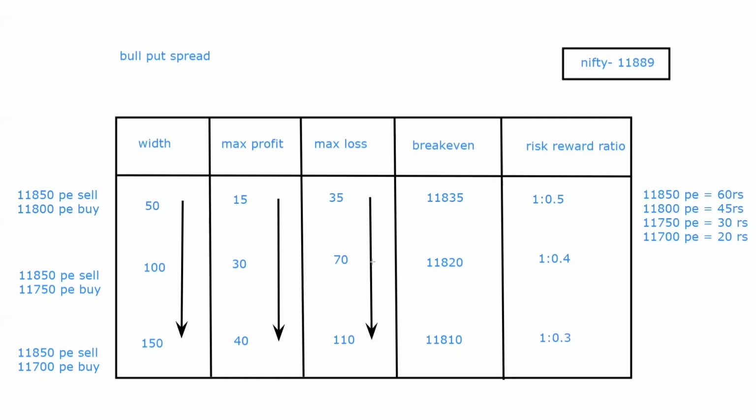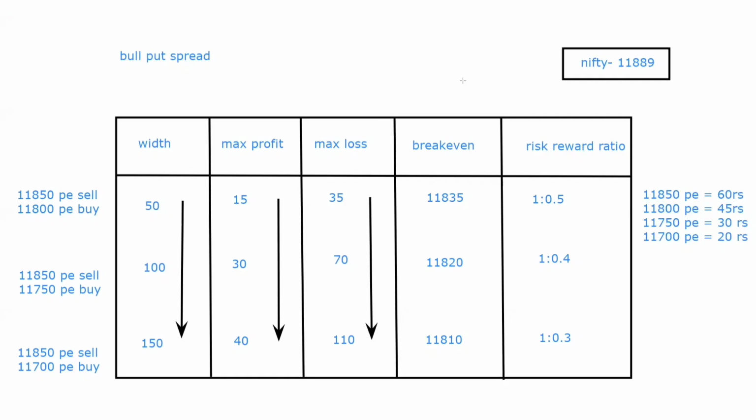What is the condition? That you are also able to give the markets maximum loss, right? As discussed in the debit spreads, if you increase the width, you increase your maximum loss and the opportunity to give maximum profit, right? So this is the same thing as compared to a debit spread, right?